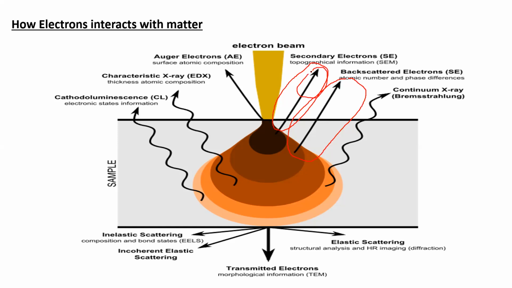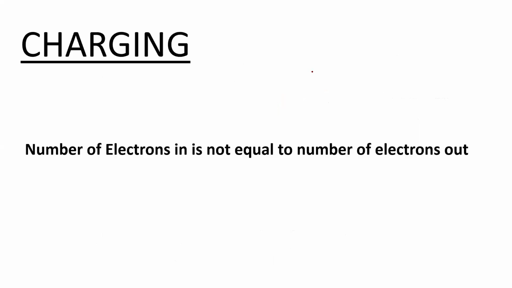If the number of electrons that strike the sample is not equal to the number of electrons that leave the sample, then the sample will build up a charge.